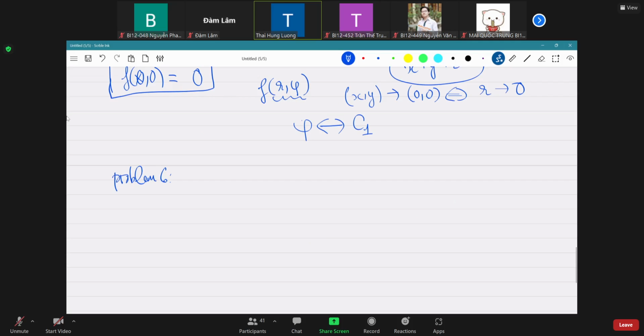We need to define the value of function f at (0, 0) to make this function continuous at (0, 0). Okay, maybe 3 minutes.